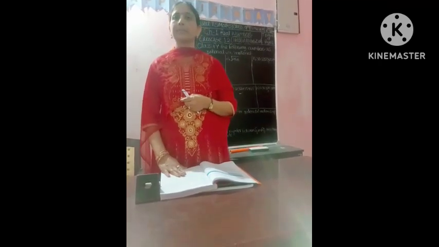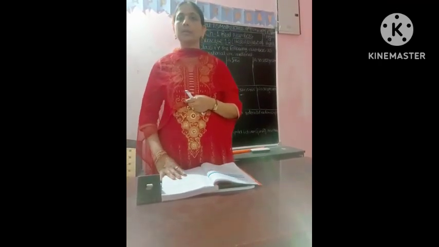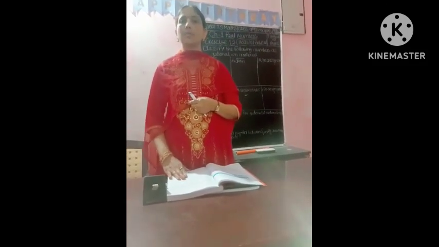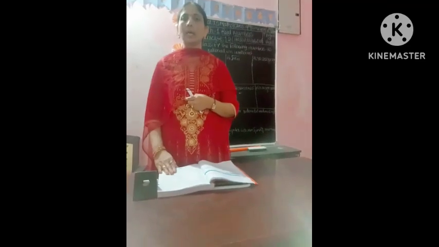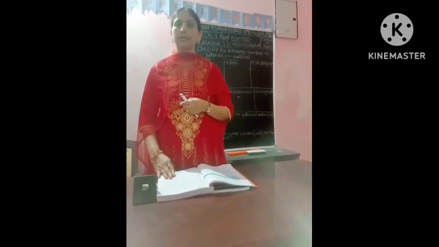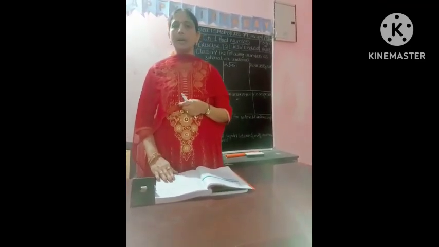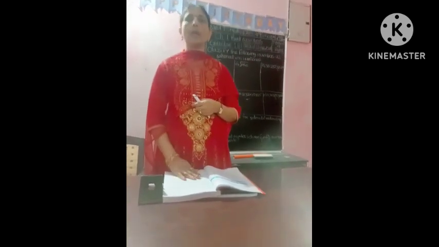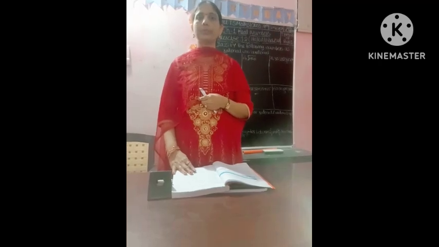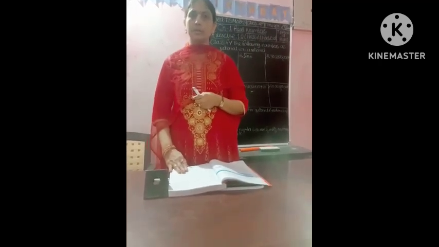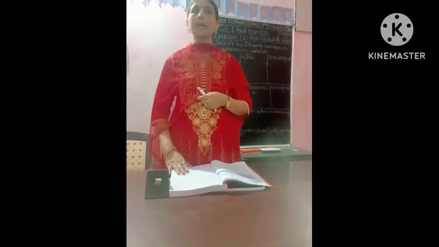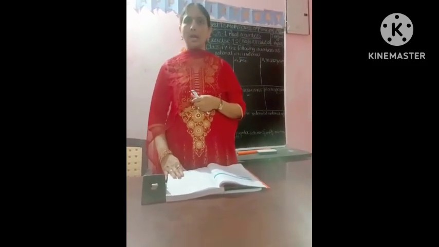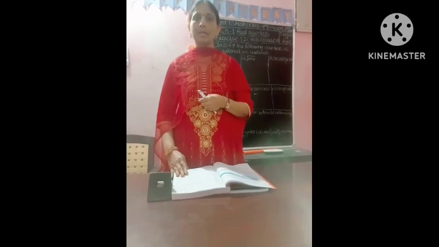Examples are root 3, root 5, and 22 by 7. Those are examples of irrational numbers. It is denoted by Q dash.